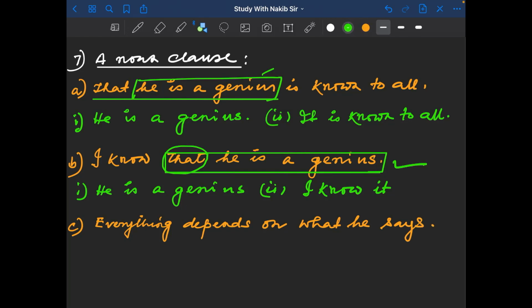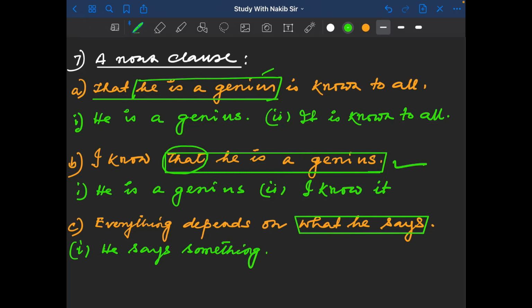You know, what he says is a noun clause. Okay, and for this noun clause we'll make one separate sentence. When you take this clause out, what will be it or something? So write it. He says, so what will be something? He says something.